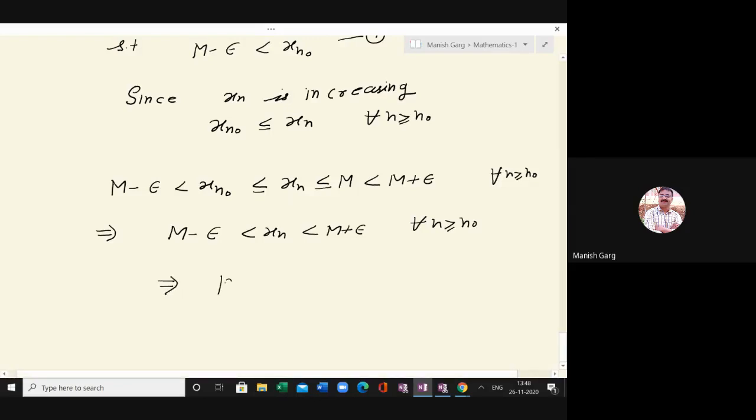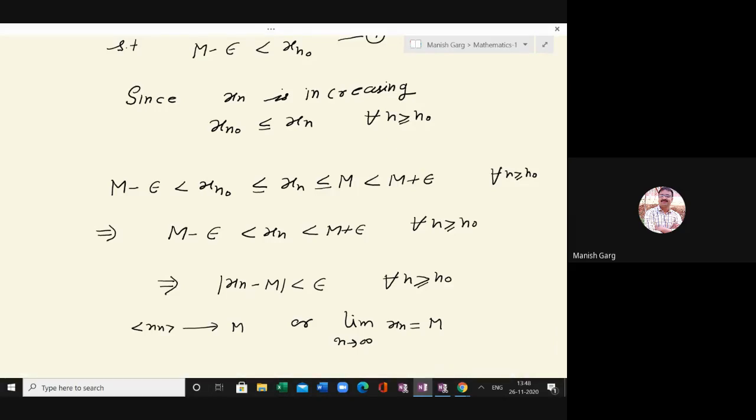You have |Xn minus M| is less than epsilon for all n greater than n naught. This means Xn converges to M, or limit as n tends to infinity of Xn is equal to M. If anybody has doubt, ask me. So if you have a bounded sequence and you are able to prove also that this is increasing, then you can say that the sequence must converge.